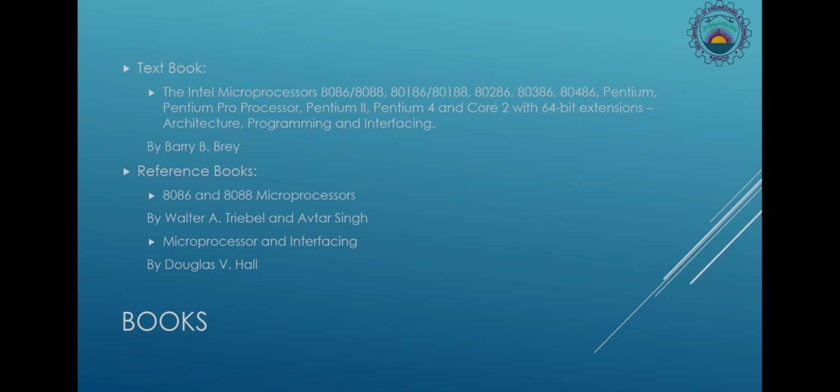The scope of this course is the 8088 and 8086 microprocessors, and there are two reference books. The first one is 8086 and 8088 Microprocessors. The second one is Microprocessor and Interfacing.